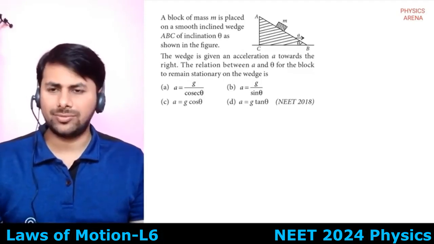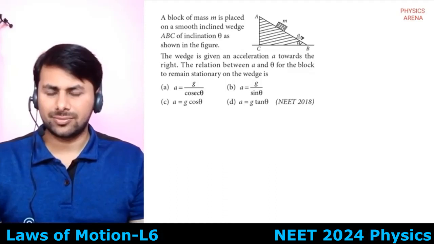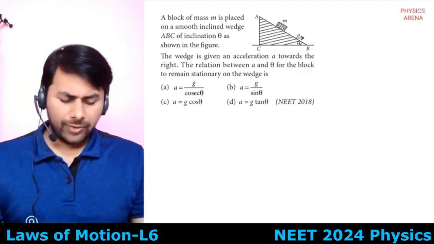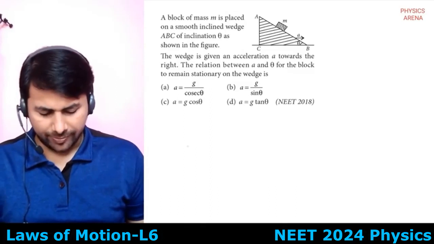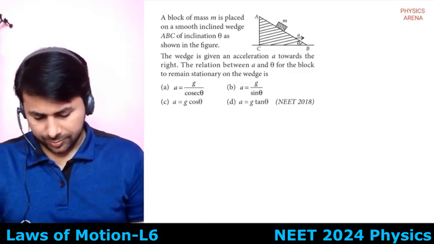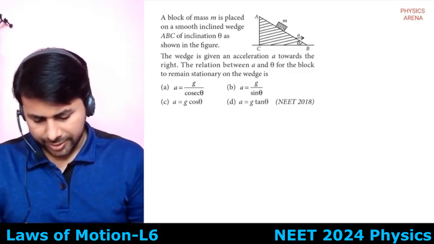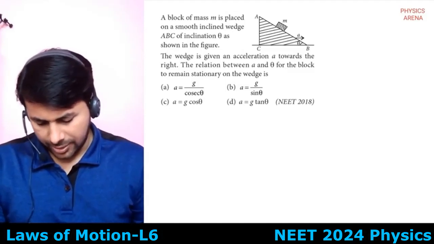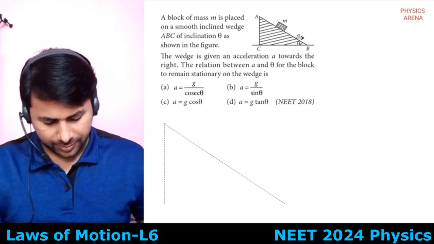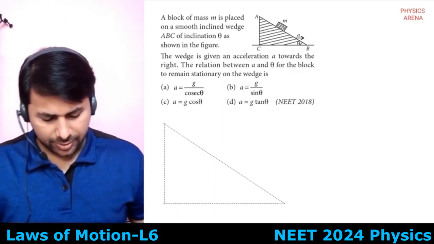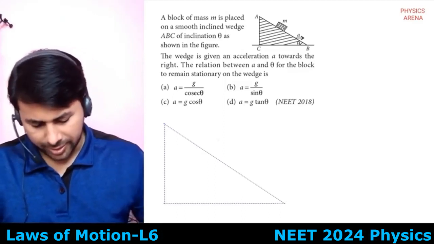What should we do now? We can find out the forces acting on this mass m. I will just redraw this. I will draw the block like this, wedge like this, and the block here.